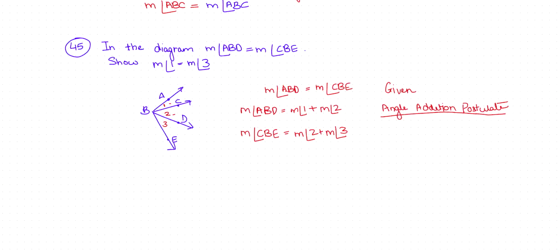Now, same as we did for angle ABD, we see that angle 2 here and angle 3 are adjacent angles, and we can use the angle addition postulate to say that CBE is equal to the sum of angle 2 here and angle 3 here.